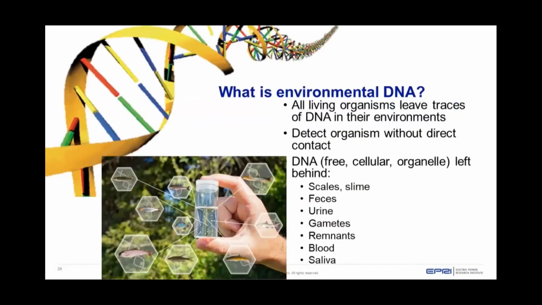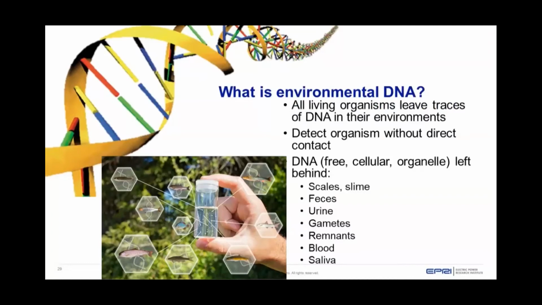So basically, all organisms, whether they're in a terrestrial environment or an aquatic environment or even flying through the air, they leave a trace of DNA in that environment. And so we can sort of think about this environmental DNA as like DNA forensics. So if you had committed a crime, right, they would sweep the room for a trace of that particular person or so on, or they would look for things left behind.